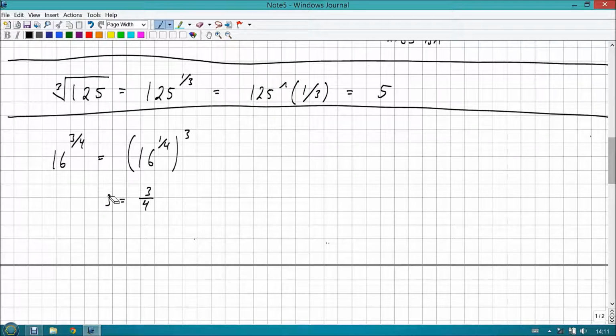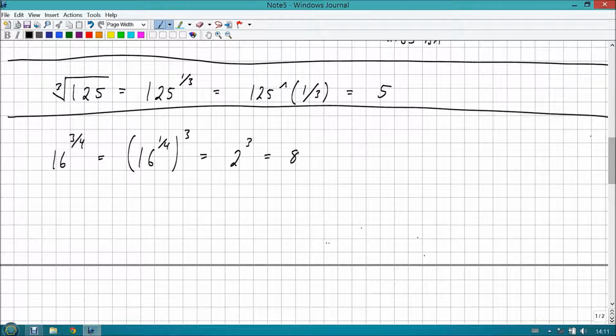I'm just changing the order in which I do things. And it will make my life a little bit easier, because I know that 16 to the 1/4 from my calculator is 2. And then 2 to the 3rd is 8. So 16 to the 3/4 is 8.